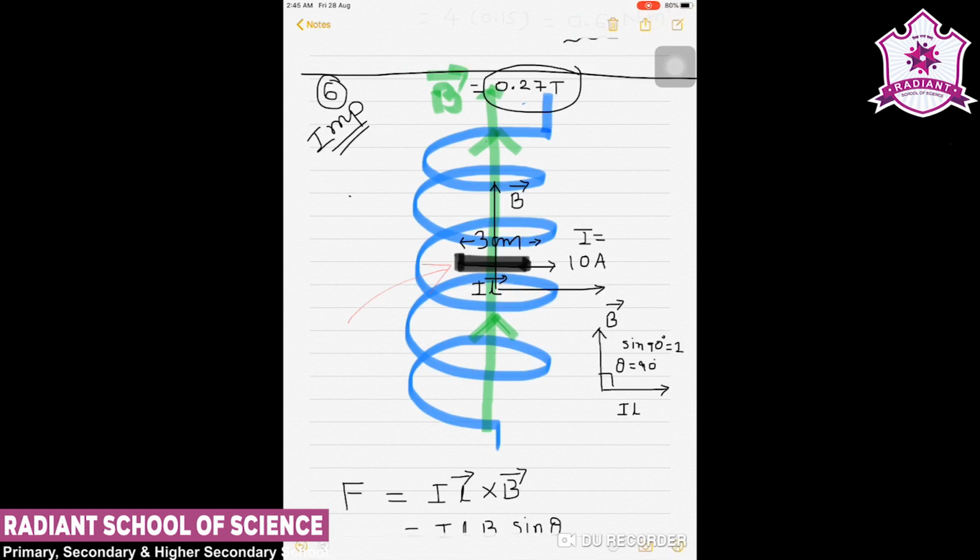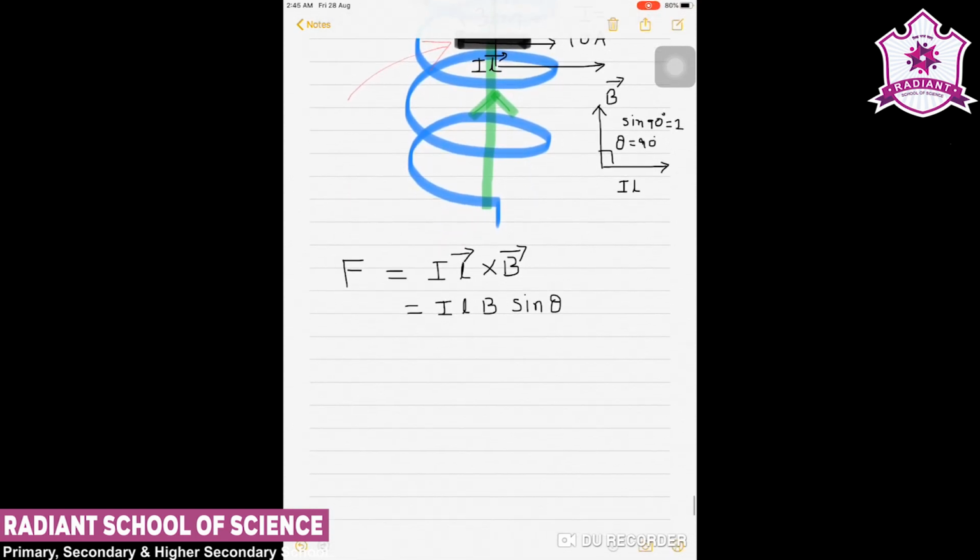So when we put all the values in the equation, we get I equals 10 ampere. The length is given as 3 centimeter, that is 3 into 10 raised to minus 2 meter.